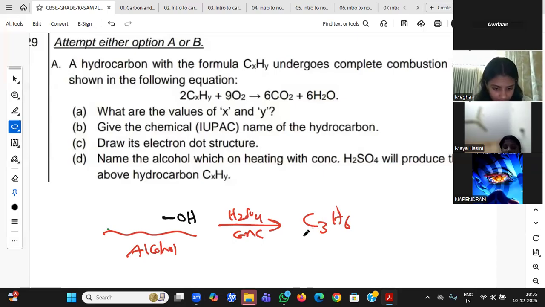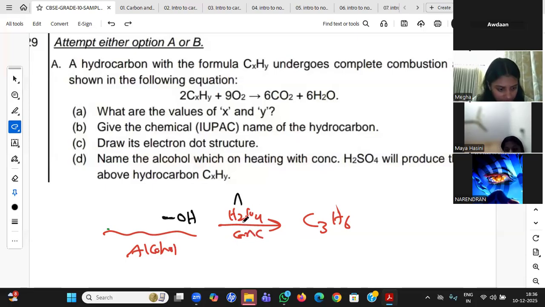Addition reaction? No, addition reaction is unsaturated to saturated, alkene to alkane, but here it is alcohol. No, oxidation? No, for oxidation I should write O2 here or KMnO4 or aqueous H2SO4.